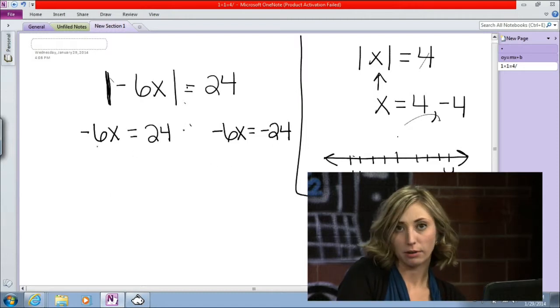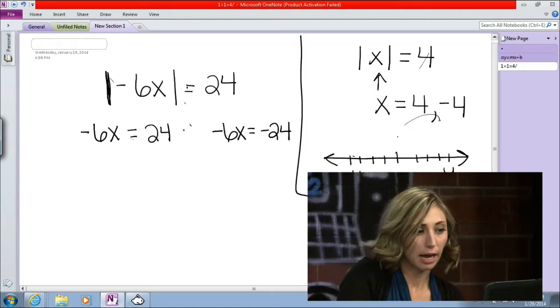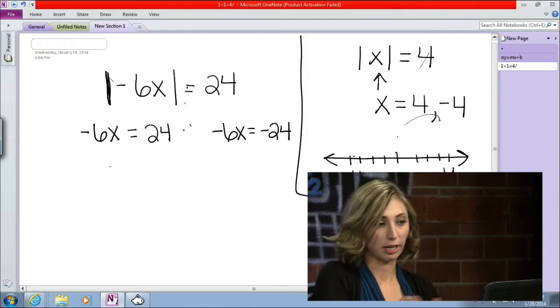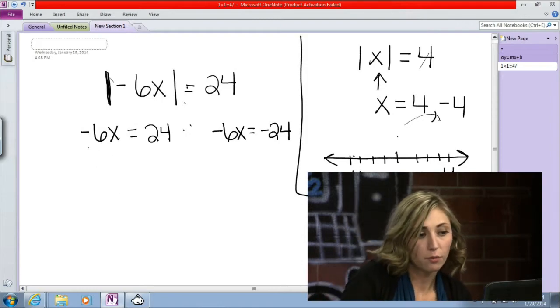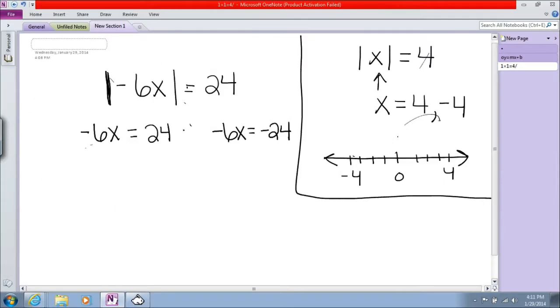So what we'll do now is solve both equations, and then check our answers for x. To solve the first equation, to get x by itself, we want to divide both sides by -6. -6 divided by -6 gives you 1, so on the left you're left with just x.